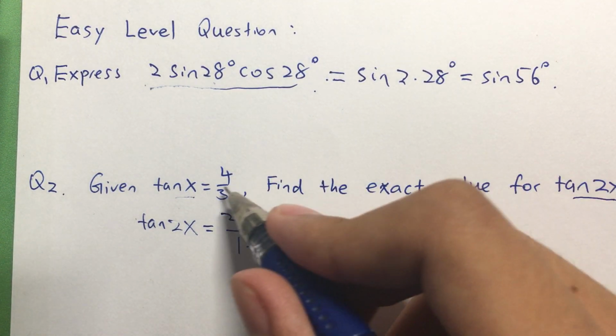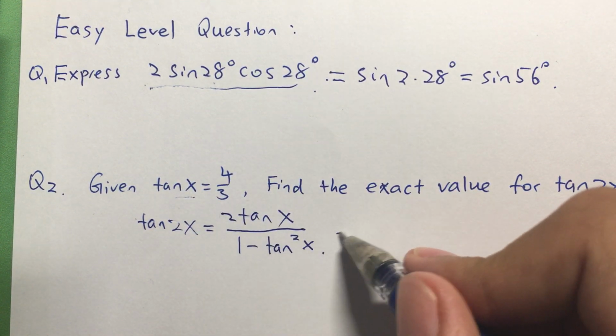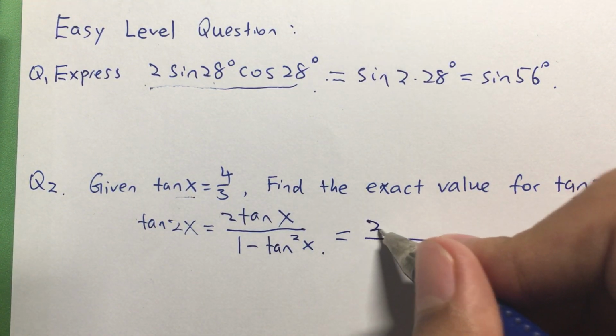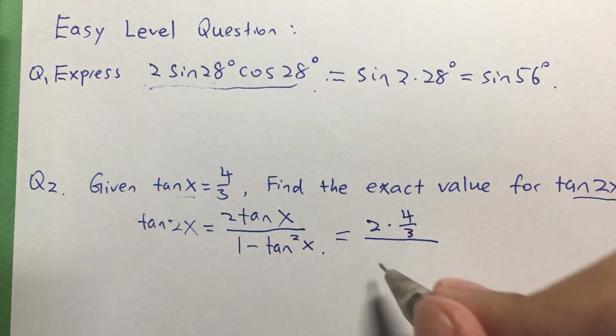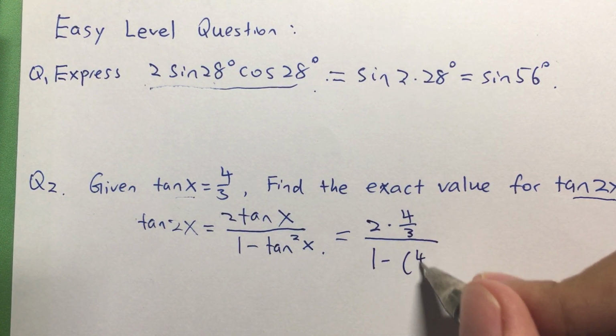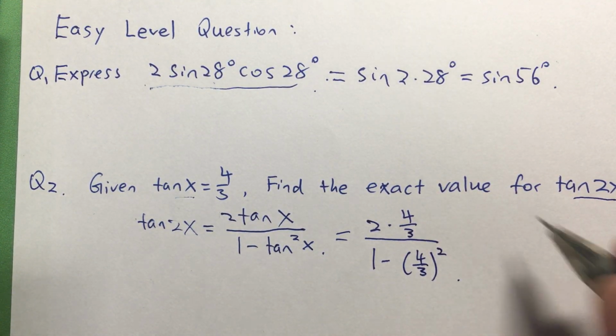Now let's bring this value in, which becomes 2 times 4 over 3, over 1 minus (4 over 3) squared.